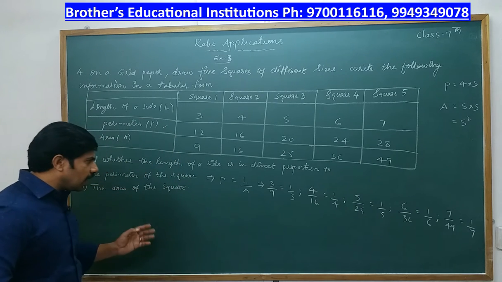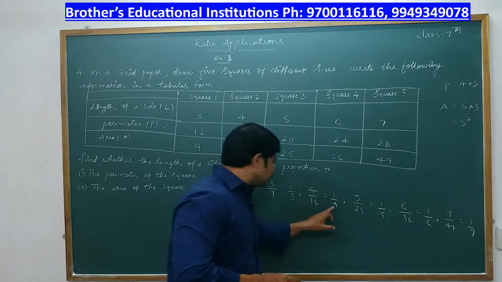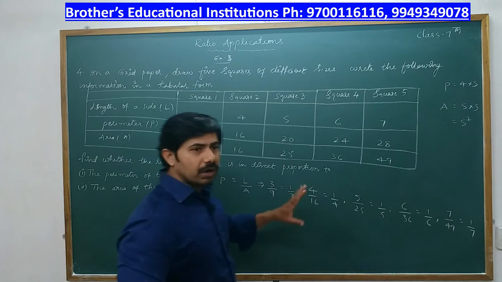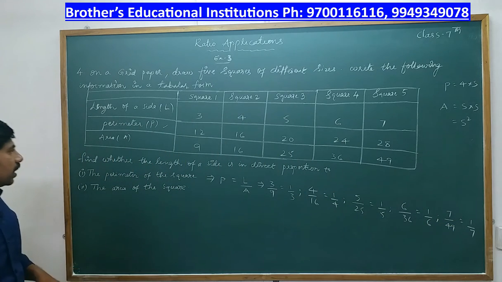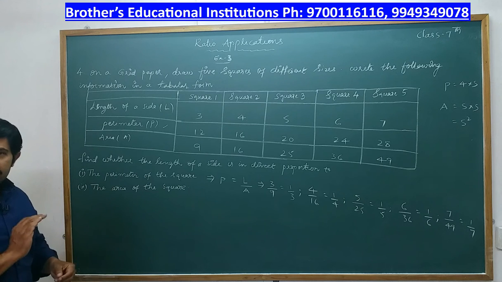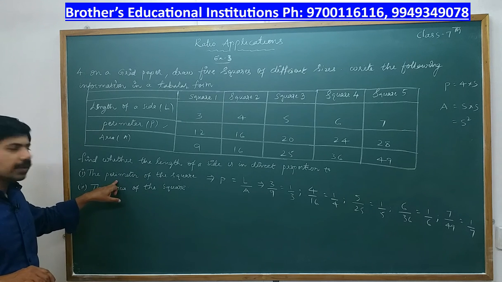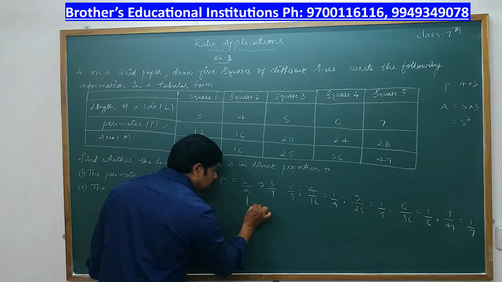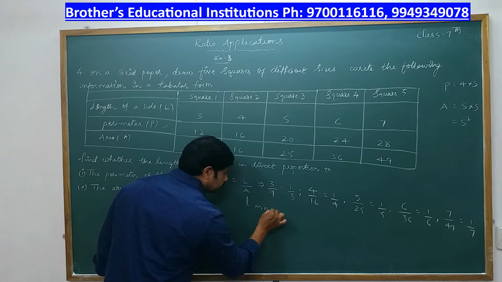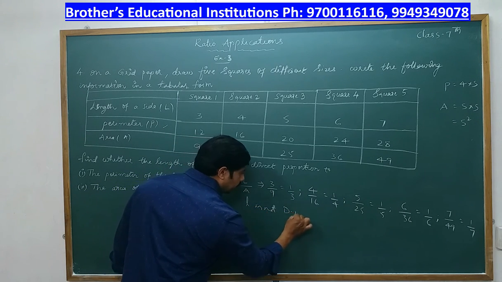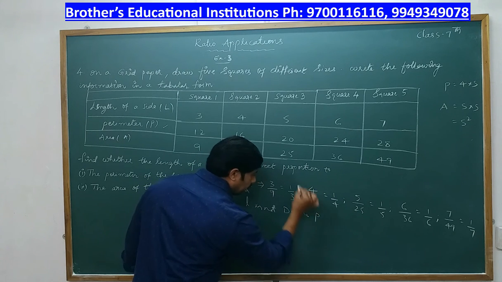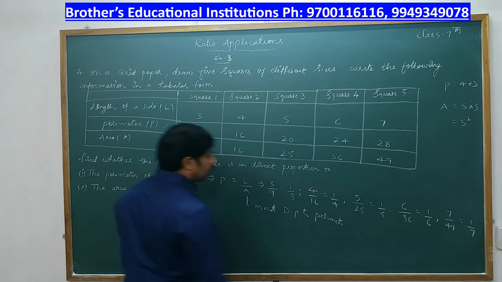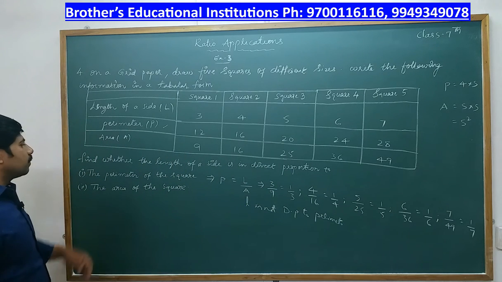That means we got different constants: 1 by 3, 1 by 4, 1 by 5, 1 by 6, 1 by 7. So we can clearly say that the length of a side is not directly proportional to perimeter.